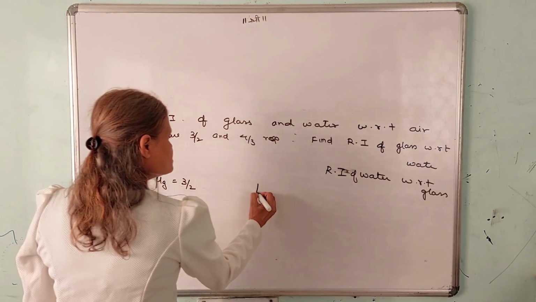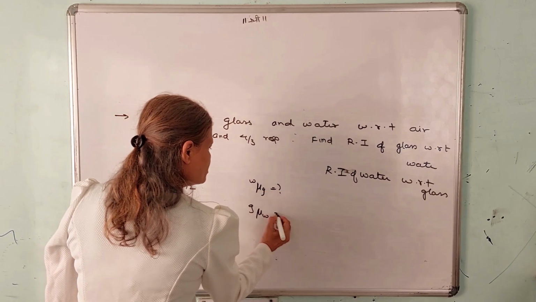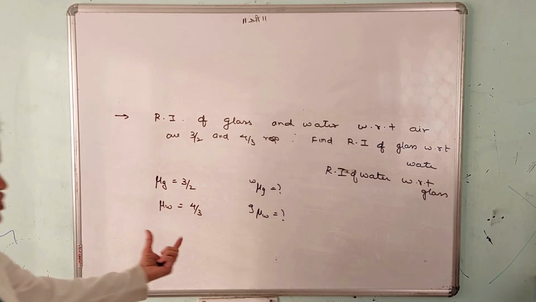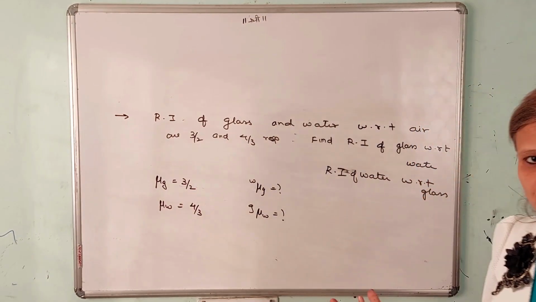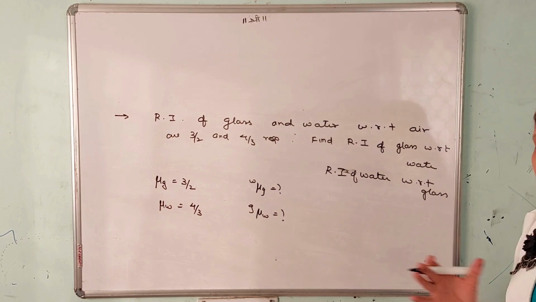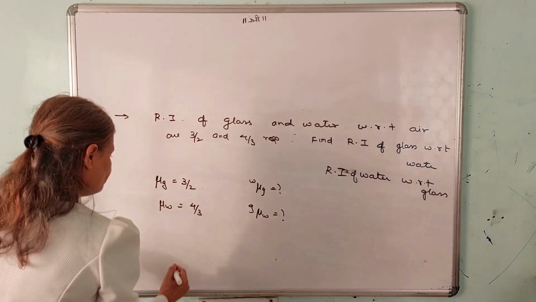What is asked is mu GW and mu WG. So we don't need speeds here because we have a formula. The basic formula we used initially in terms of speeds, because they had asked for speed and the speed of light in air we know. But here nothing is asked about the speeds, so we can just use the formula.